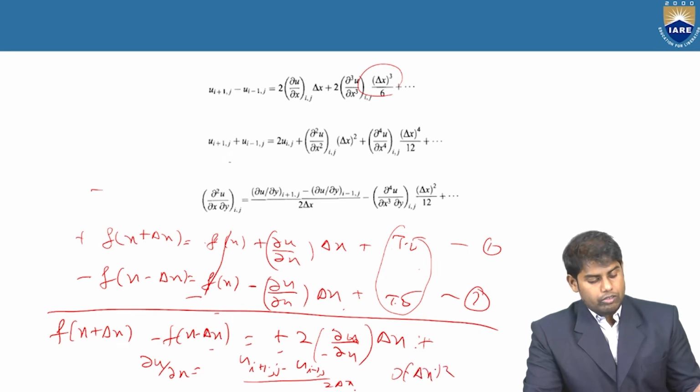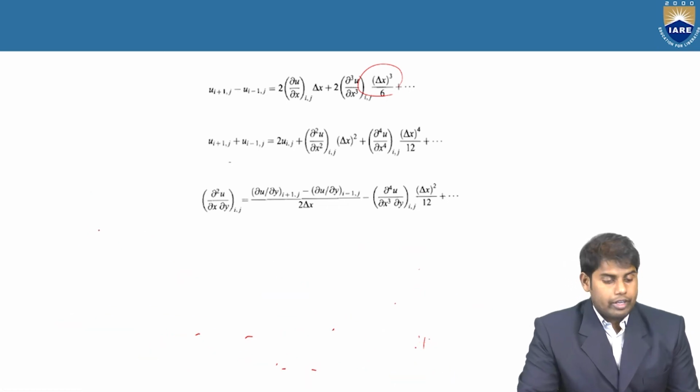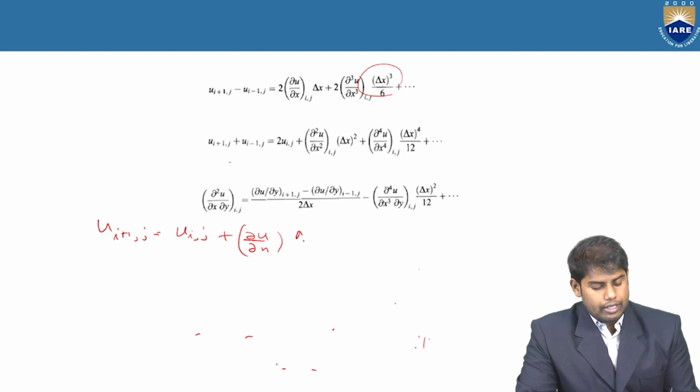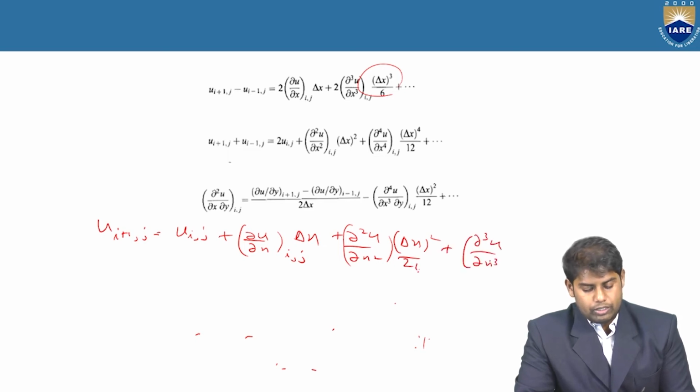Let us see this in terms of u terminology. So u of I plus 1 comma j will be equal to u of I comma j plus dou u by dou x into delta x at I comma j, plus dou square u by dou x square into delta x square by 2 factorial, plus dou cube u by dou x cube into delta x cube divided by 3 factorial.